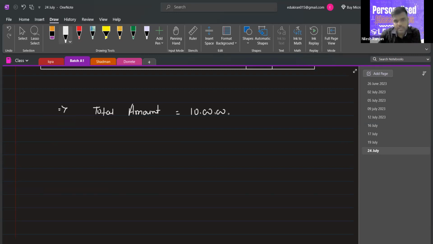And installment is 10 lakh divided by 4, because it is 4 equal yearly installments. So 10 lakh divided by 4, it is 2,50,000.